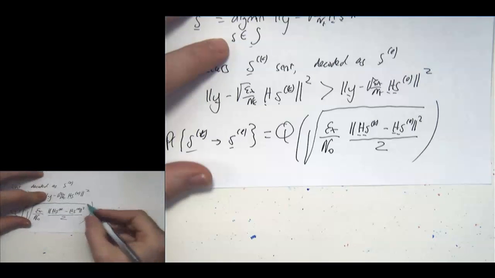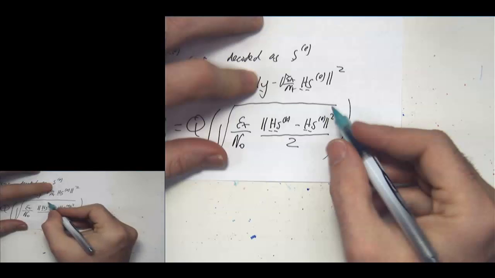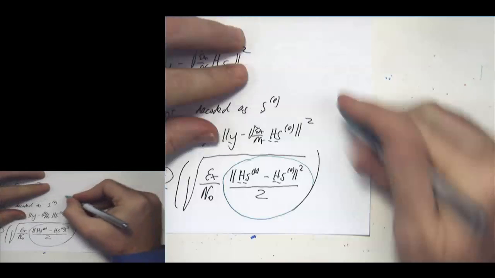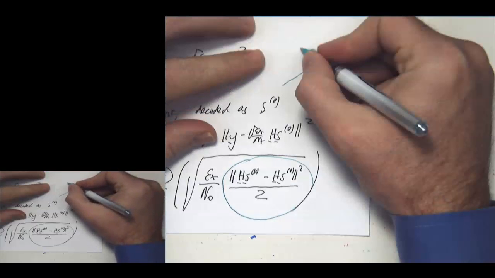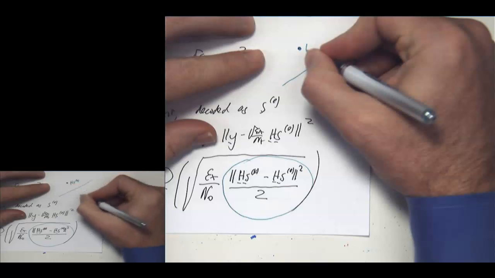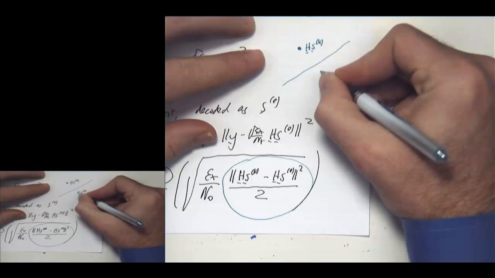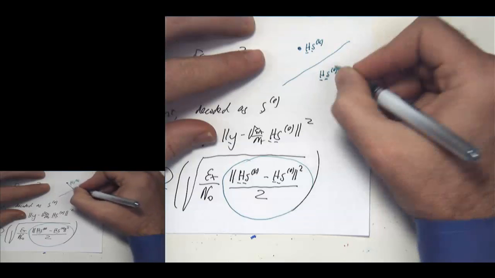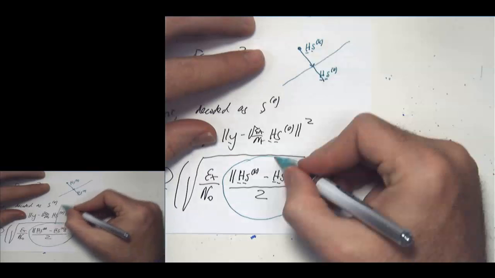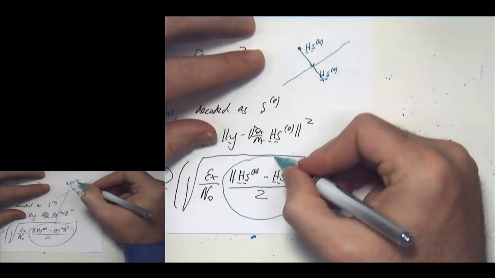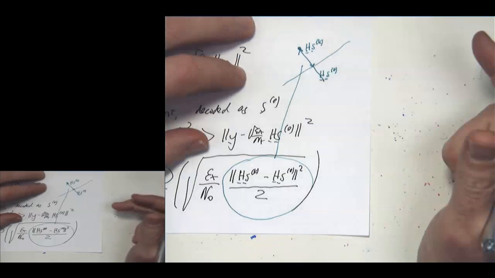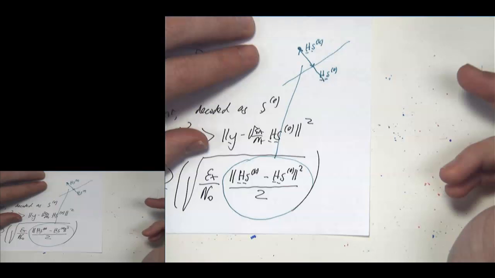So effectively, if I have some complicated space here, and this is h s of k, and this is h s of L, half of this distance corresponds to this quantity right here. So this takes the place of the minimum distance between two constellation points. It's half the distance between two vector constellations.